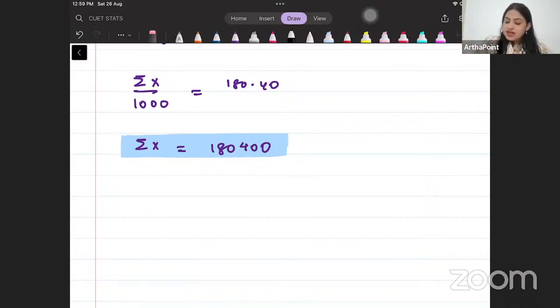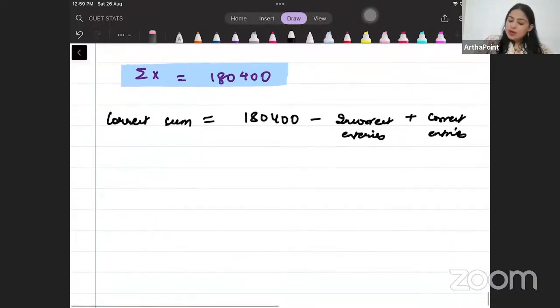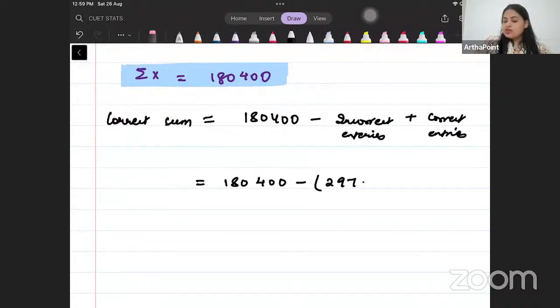So we can say that the correct sum will be 180,400 minus incorrect entries plus, beta, correct entries. So when I do this, what will happen? It will be 180,400 minus whatever the incorrect entries were, and add back the correct entries.